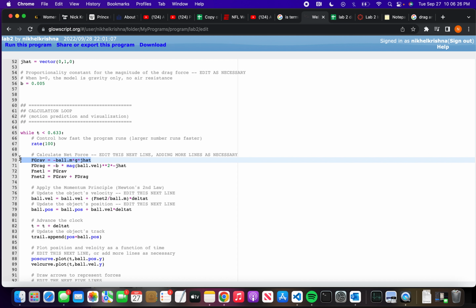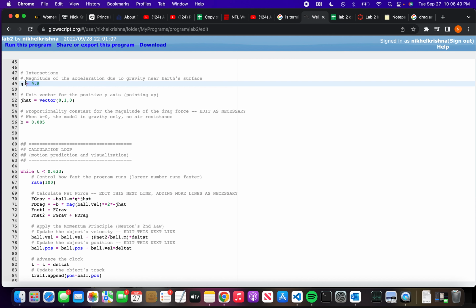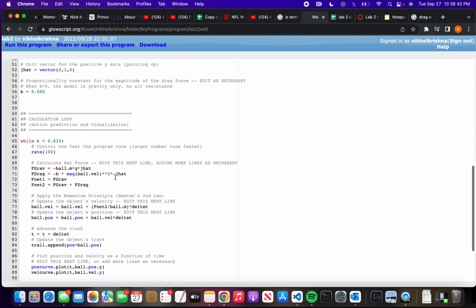For the first model, which only takes into consideration the force of gravity, we use negative mg, which is the mass of the ball times the gravitational acceleration, which is 9.8. And we plug that into our velocity update formula. And we also update the position in the same way.